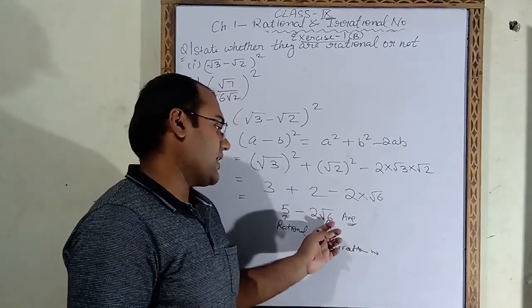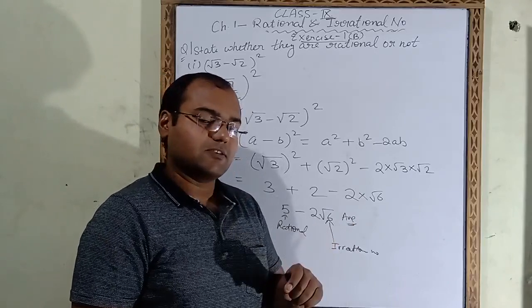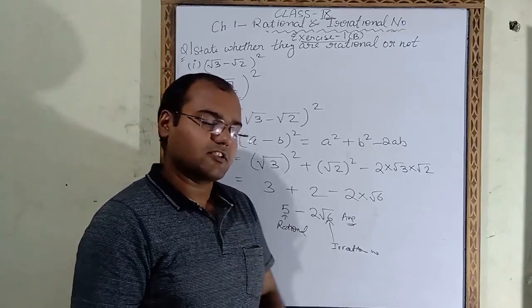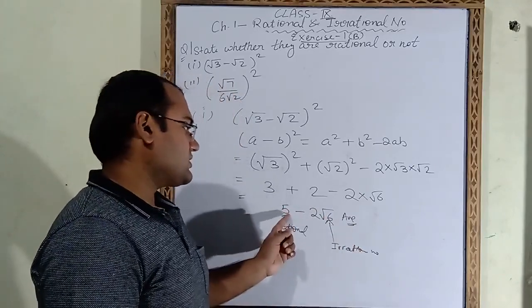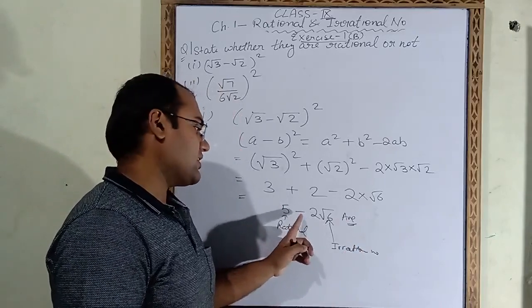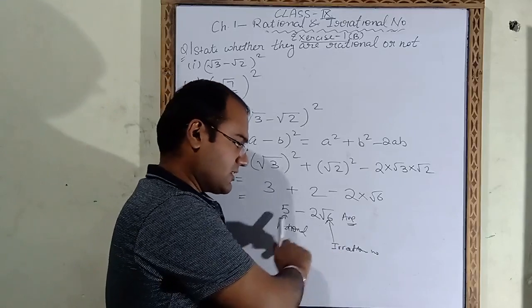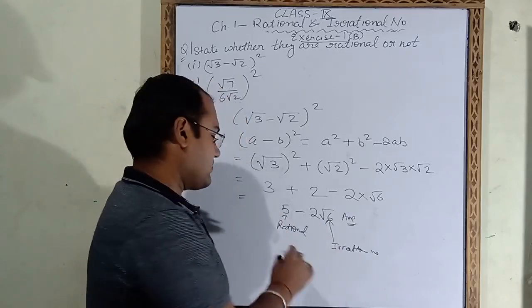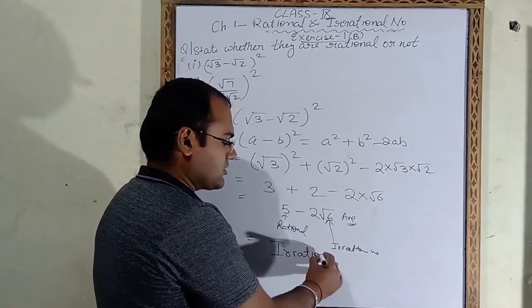When we try to find the square root of 6, answer will be non-terminating and non-recurring decimal. That's why this root 6 is an irrational number. So this is the difference. Minus sign is coming, minus means difference. So this is the difference of rational and irrational number. Since one irrational number is there in this statement, that's why the answer is irrational.